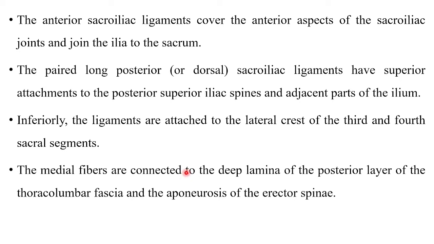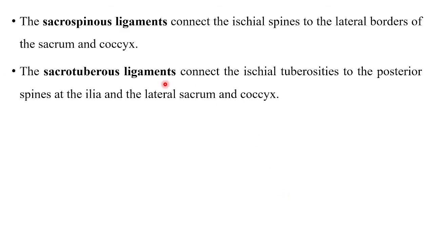The medial fibers are connected to the deep lamina of the posterior layer of the thoracolumbar fascia and the aponeurosis of the erector spinae. The sacrospinous ligaments connect the ischial spines to the lateral borders of the sacrum and coccyx. The sacrotuberous ligament connects the ischial tuberosities to the posterior superior iliac spine and the lateral sacrum and coccyx.